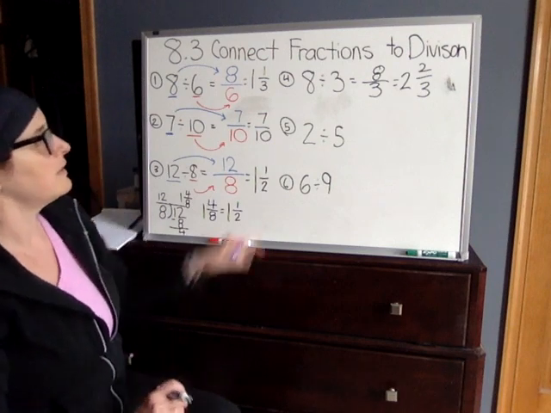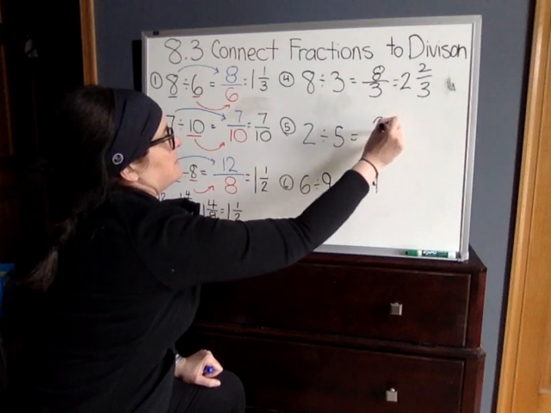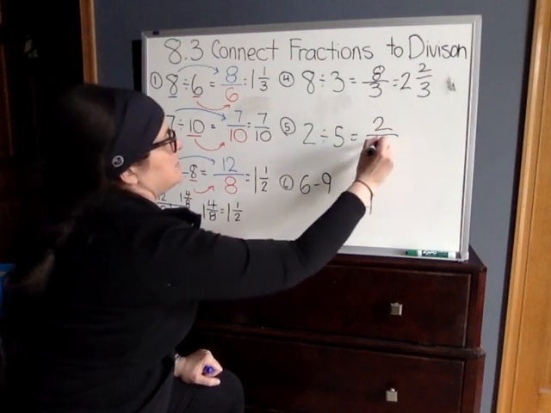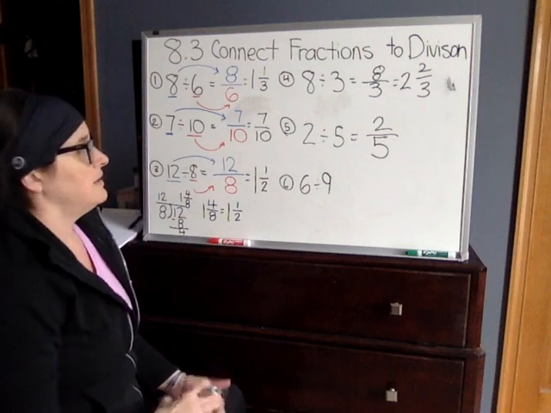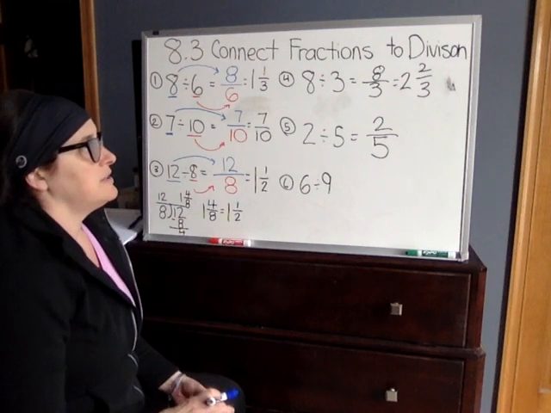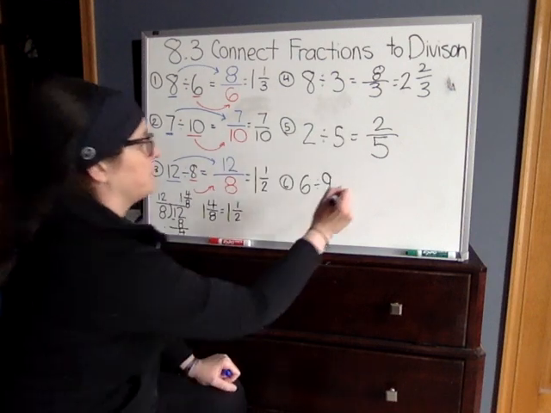Okay. Number 5, we have 2 divided by 5. 2 is your first number that goes up top. 5 is your second number that goes on the bottom. 2/5 is your final answer. Okay, 2 does not go into 5, so we know it can't be reduced any further.